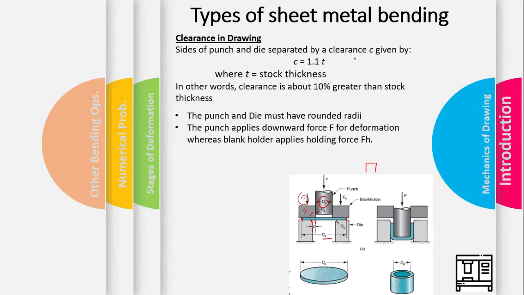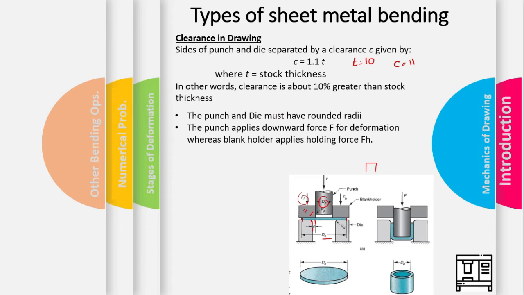So let's suppose if the stock thickness is 10, our clearance should be 11, right? So it's 10% greater than the stock thickness, the thickness of the blank. Then the holding force that is used to hold the blank should be carefully selected. So that is some general schematic for the drawing operation.